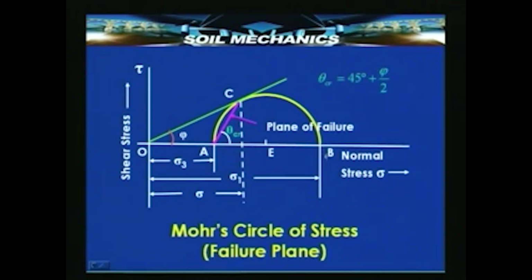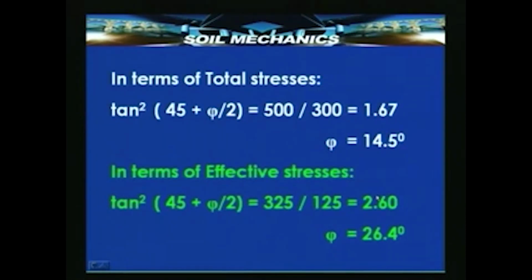So, here we have the points corresponding to the major principal stress and the minor principal stress, and this is the failure plane at an angle of theta critical. Now, in terms of total stresses, we can say that tan square (45 plus phi by 2) is equal to 500 by 300. Why 500 by 300?